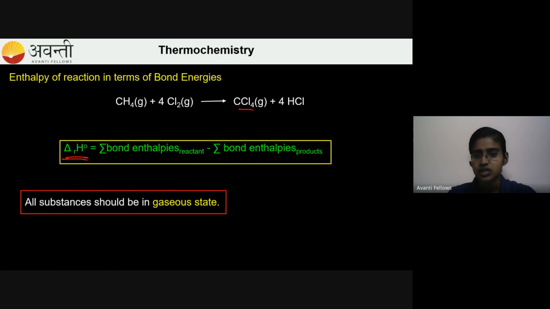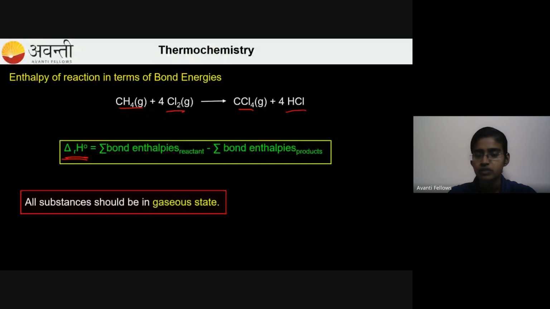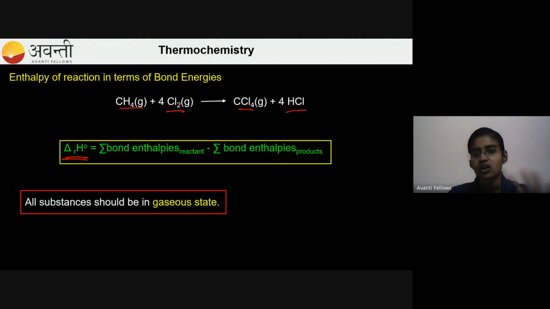These two are the products and these two are the reactants. The bond enthalpy values will be given to you in the question. Just add all the values and subtract. You will get the delta H R naught value directly by simple addition and subtraction.